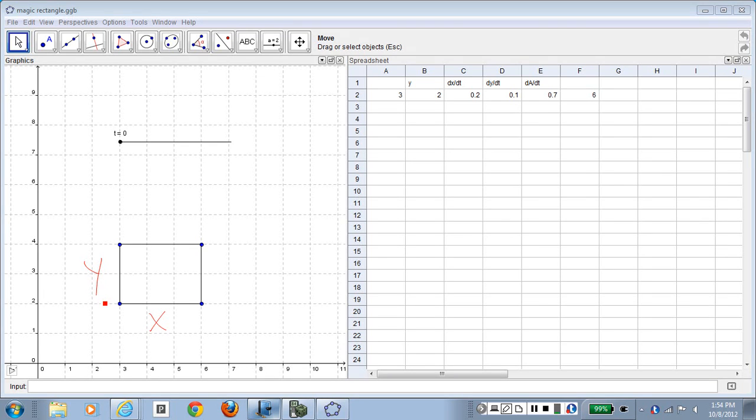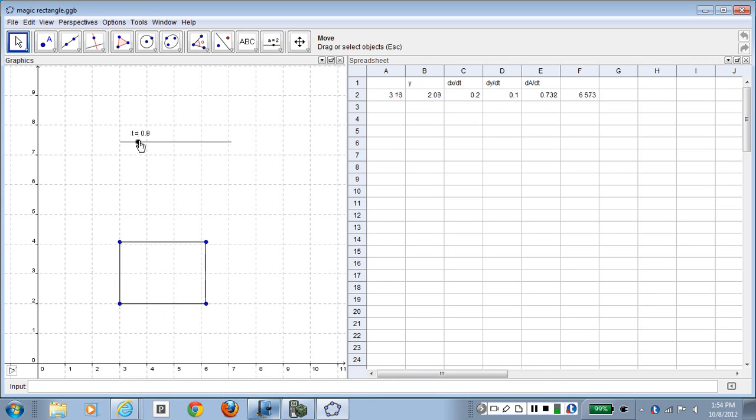And as time passes, what happens? Let time pass. x and y both change. So let time go by, and x will increase and y will also increase.